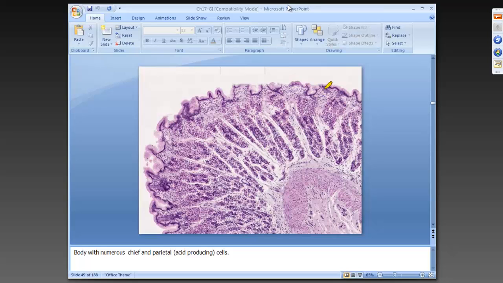This is the body of the stomach with numerous chief and parietal acid-producing cells. Parietal cells, which produce acids.